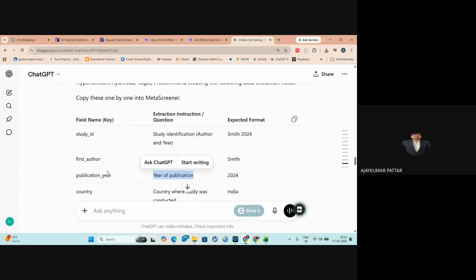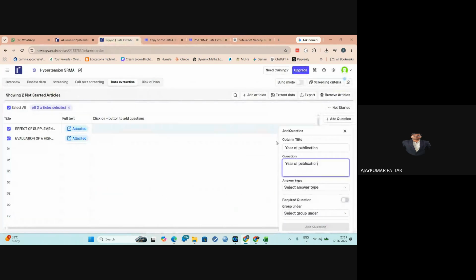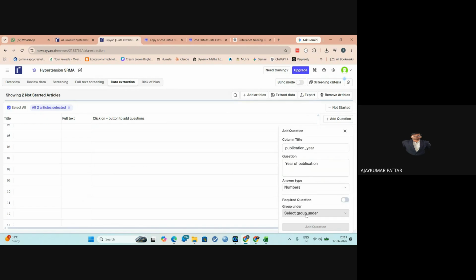Just a minute, I will try. Otherwise, I will show with another AI tool, because I have not explored this one with Rayan. Just I am trying. Numbers. Select group under. So which required question I will need.